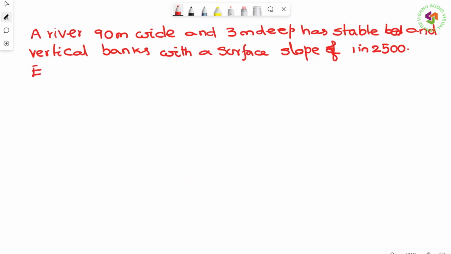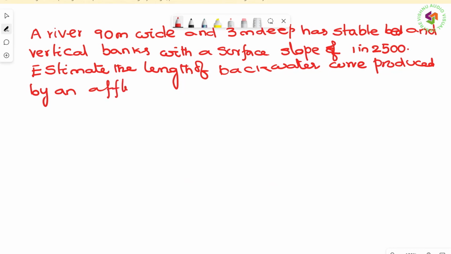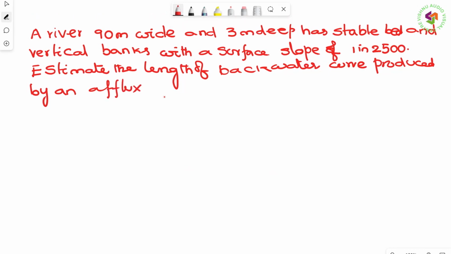Estimate the length of the backwater curve produced by an efflux of 2 meters.